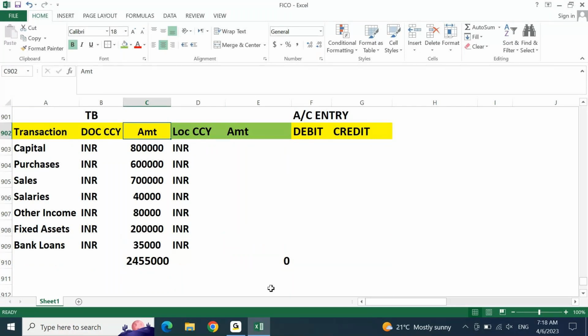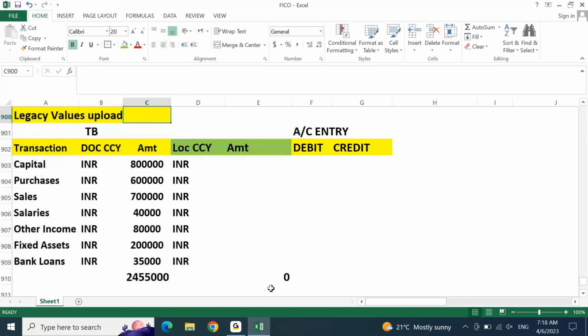Now, when you receive a TB from your client as part of your legacy data upload, you are not going to get debit and credit of an accounting entry. Instead, you will get only the account balance, the account closing balance. If you see capital as 8 lakh, it is 8 lakh, that's it. You have to post an entry into the capital account for 8 lakhs.